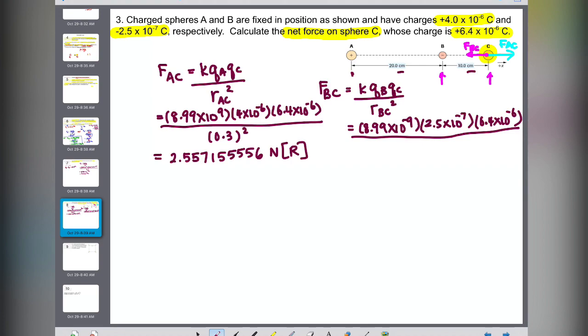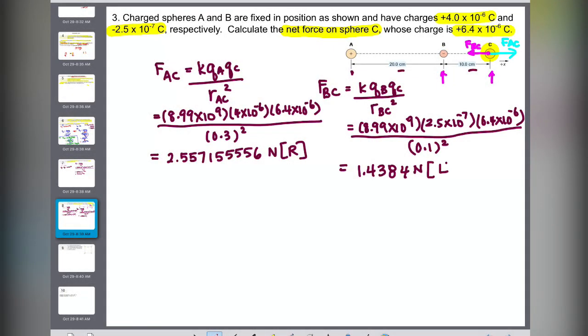Distance between B and C is 10 centimeters, so 0.1 meters to the square. 2.5 times 6.4. Okay, so I got that to the left.